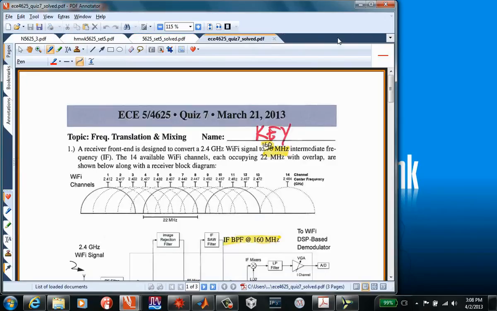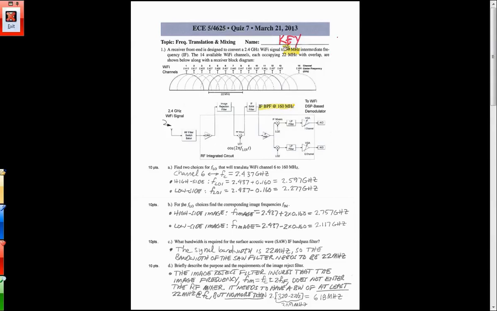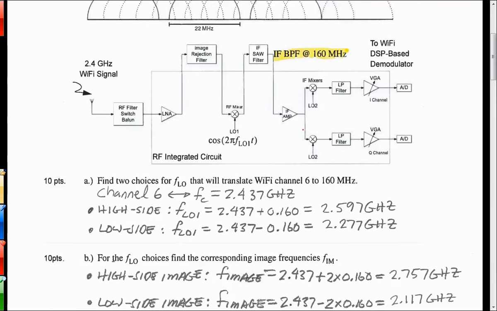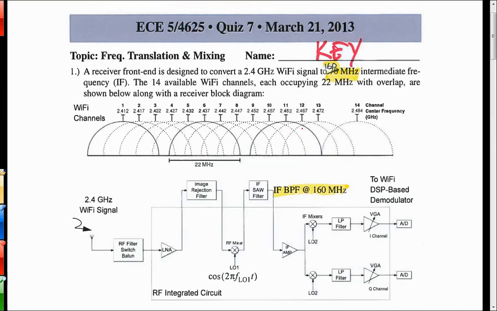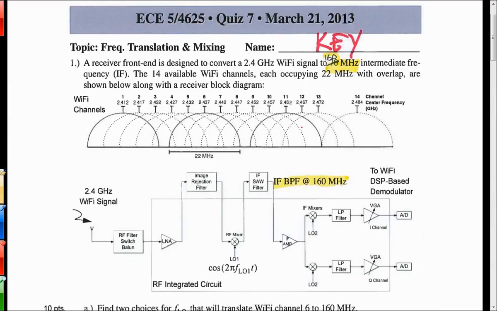So let's take a little bit more of a look at this quiz, which I messed up on kind of badly because I wanted to make it look as realistic as possible. So there's 2 versions of the quiz, and this is now posted on the website too. I had intended to switch the intermediate frequency to 160 megahertz because that would give better image rejection.